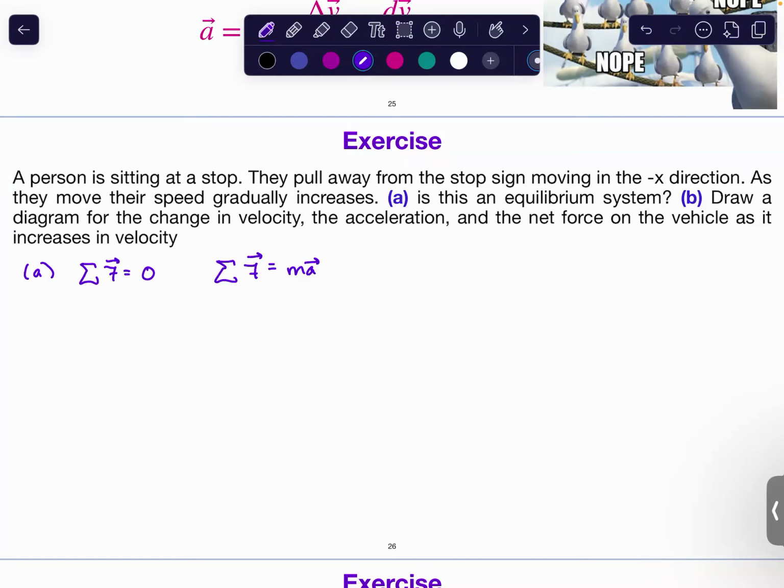Okay, so let's draw a diagram for the change in velocity, the acceleration, and the net force on the vehicle as it increases in velocity. I'm just going to say negative x is that way.